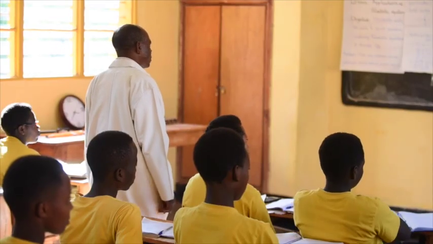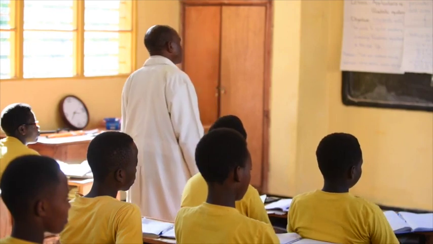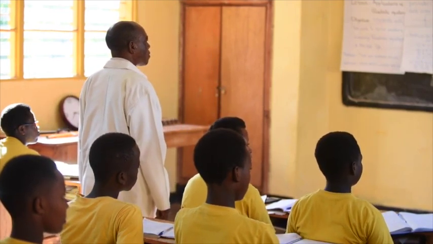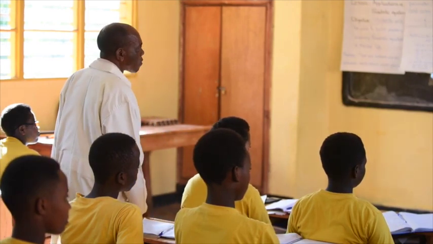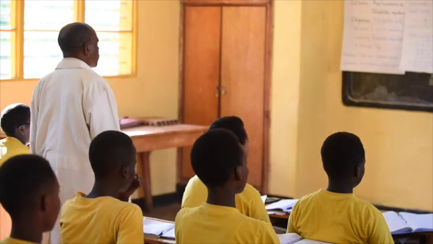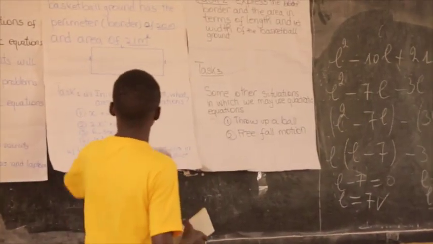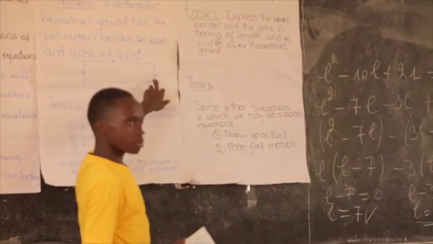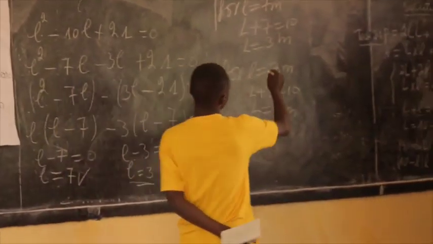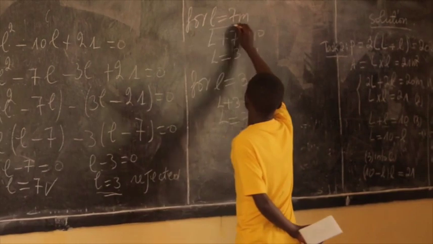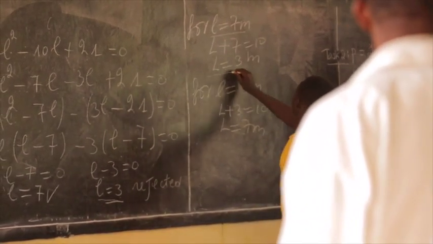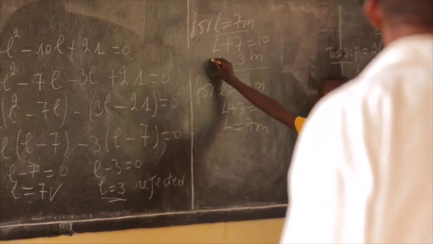For L is equal to 3, L plus 3 is equal to 10, L is equal to 7. And here we have this length greater than this width. It means this L equal to 7 must be rejected because it gives a small length.